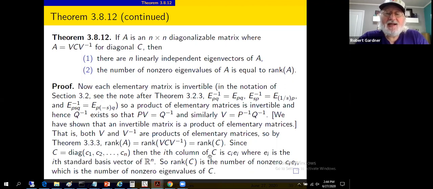If we look at the ith column of this matrix C, it's C sub i, the ith eigenvalue, times e sub i, the ith standard basis vector of R^n, a bunch of zeros, a 1 in the ith position, and then a bunch more zeros. Treat them as column vectors in this case to talk about columns of C. So we get C sub i times these standard basis vectors.